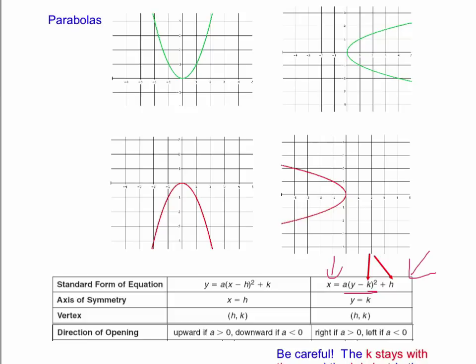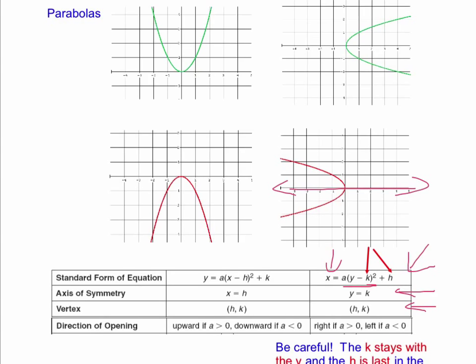The same idea. The vertex is still (h, k). The axis of symmetry is now a y rather than an x, because it's a horizontal line. So it would be the k value, and the k is stuck in with the y inside the square. Pay attention to that part because you want to be really careful.